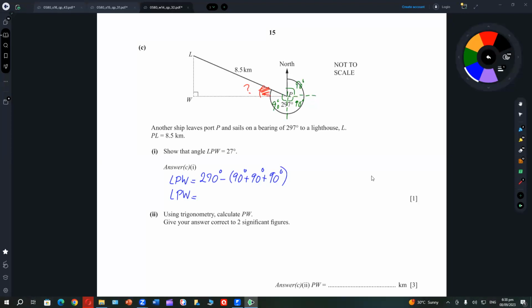It's 297, it's a typing error on my side. Please repeat the calculation. Yes, so it's 27, the answer. 27, yes, 27.